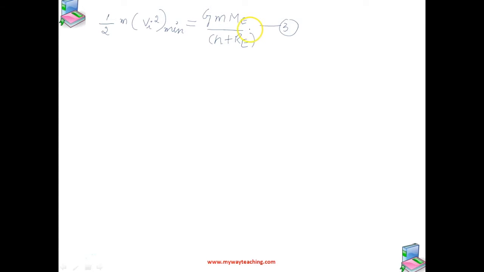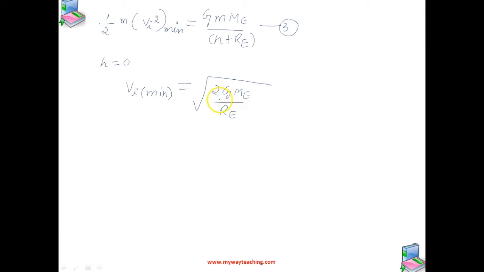If the object is thrown from the surface of the earth, in that particular case h will become 0, isn't it? So we can write that the minimum initial speed to escape from the surface of the earth is vi minimum, equal to square root of 2 G Me divided by Re.